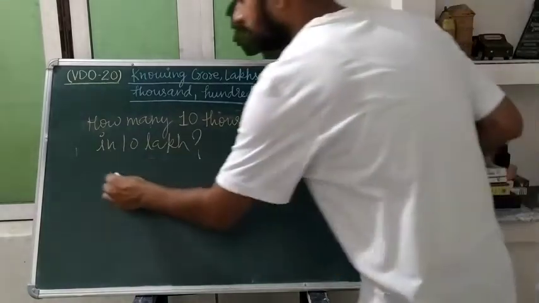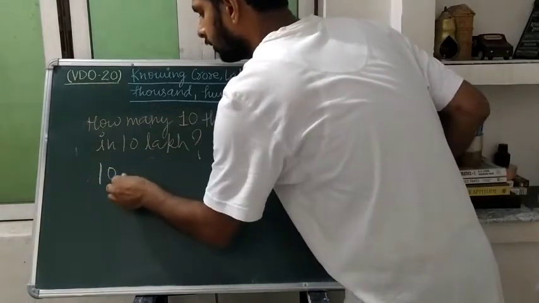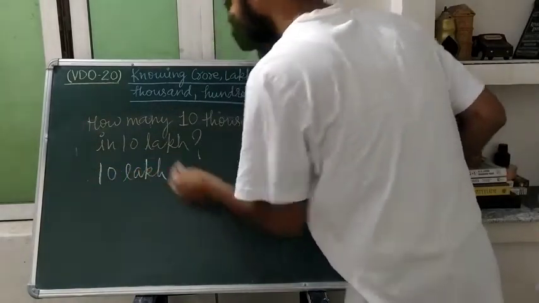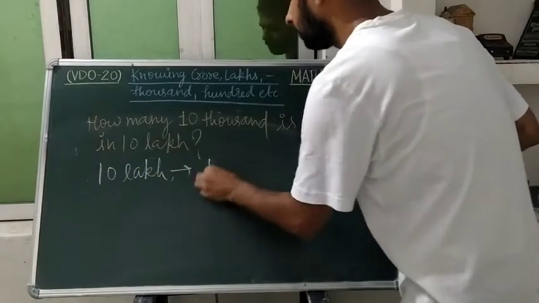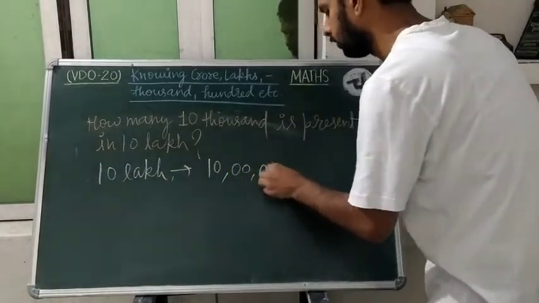So 10 lakh, how will you write that? 10 lakh, 5 zeros.